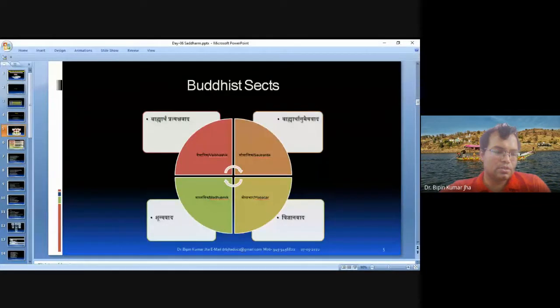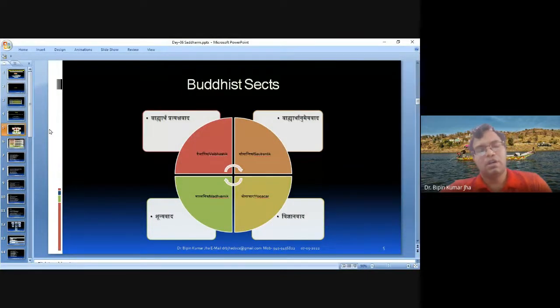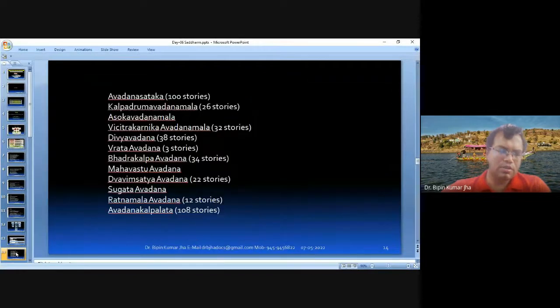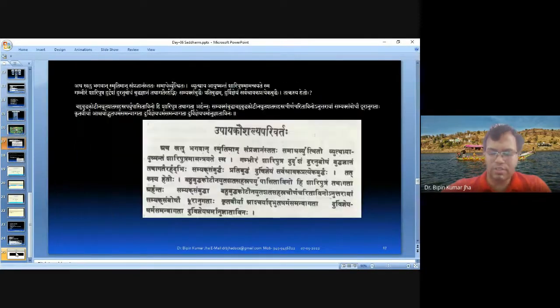Now we are taking the example from this text, and one by one, just see. First of all, I am coming to the text. After that, we will go into detail. Yes, you can see this one.